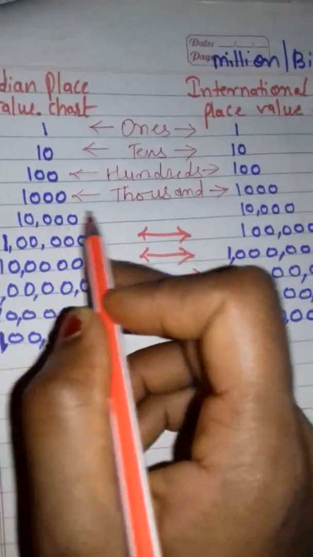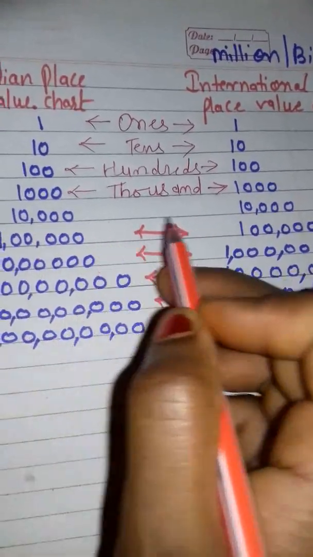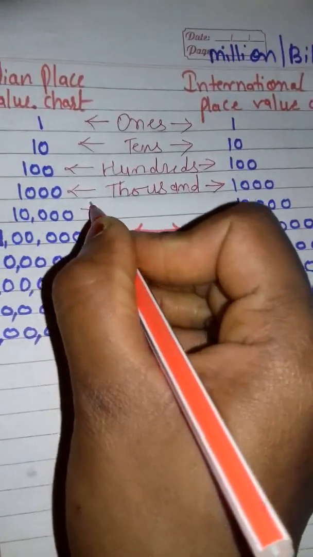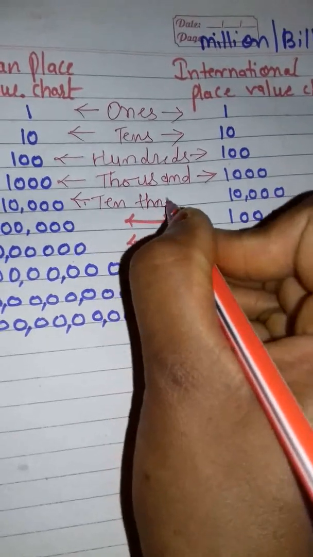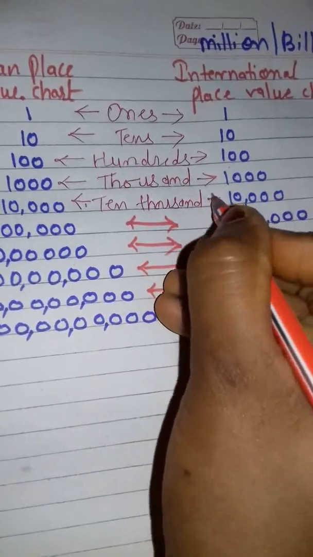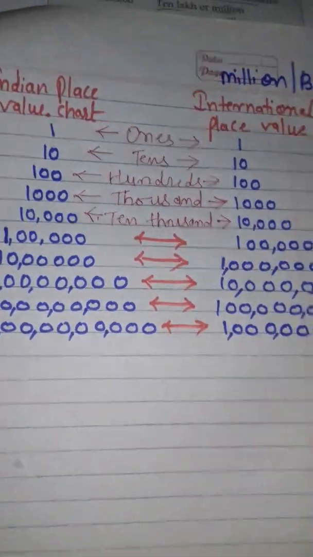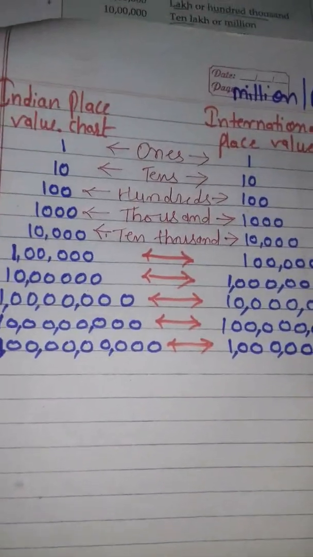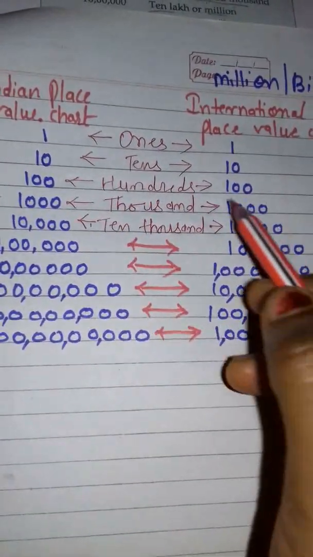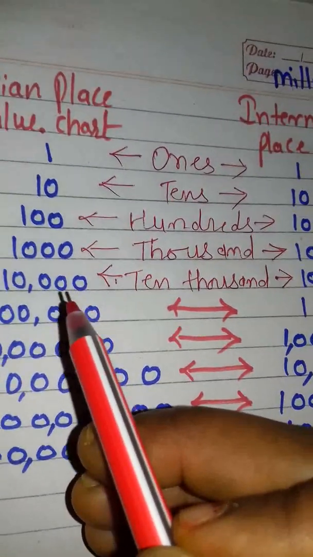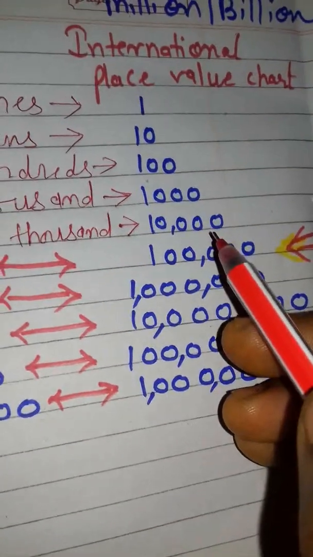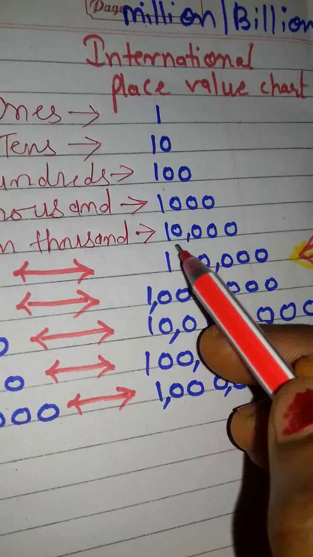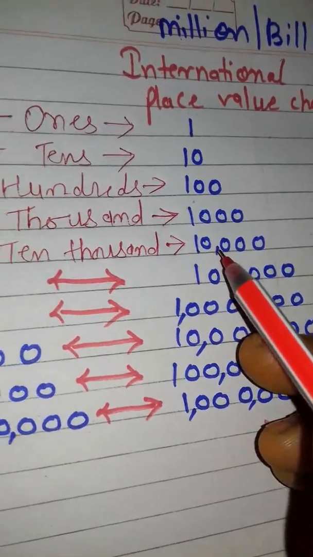Then after 1000, 10,000, 10,000. Okay, so till 10,000 we have seen all the place value of the given digits, and how we are putting the comma in Indian place value, first 3 digit, then 2 digit, and in international first 3, then only 2 is left, so we will put comma here.